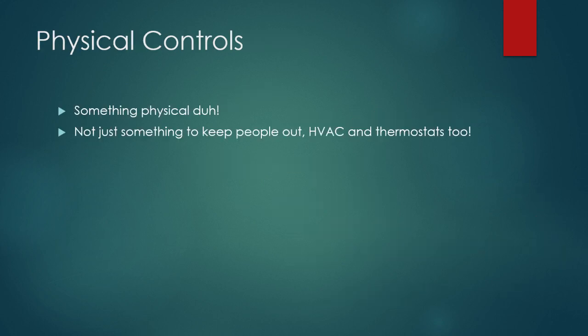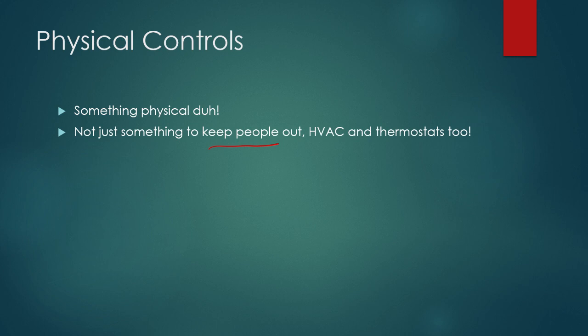And then we also have what we call physical controls. So physical controls are physical, obviously. Can be like access control systems, locks, fences, lights, security cameras, bollards, a security guard. And they're not just to keep people out, they're also to protect us from the environment.